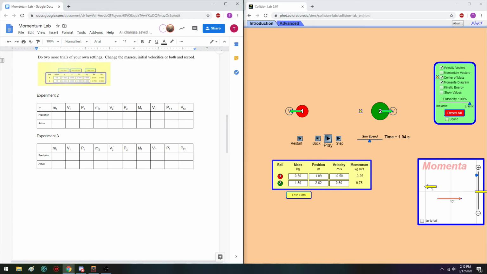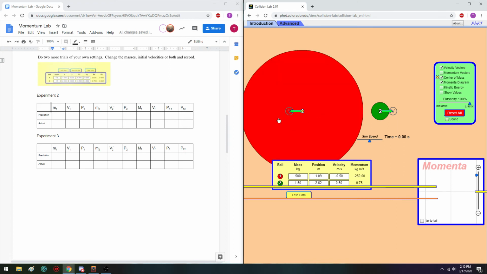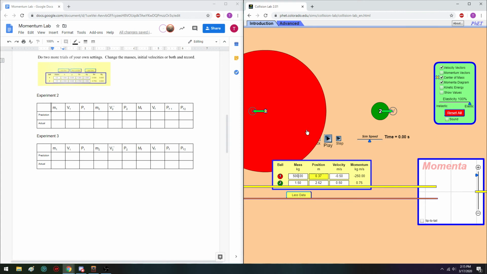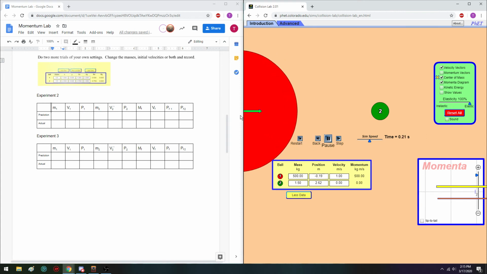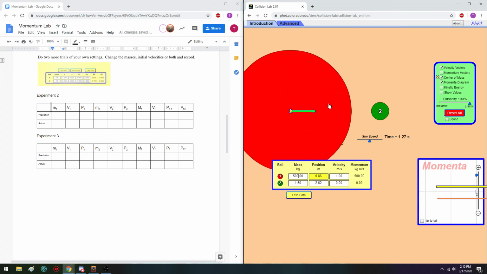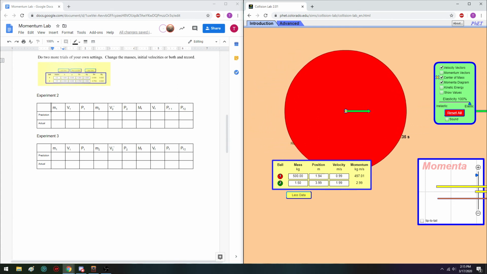Now, for the second part down here, the second experiment, you're going to be doing the same exact thing as we did above, except you're going to be changing either the mass here. You're going to make it like this, a mass of 500, and make it a huge mass. And play it. So you have to see this huge mass come along and kick out the second one.